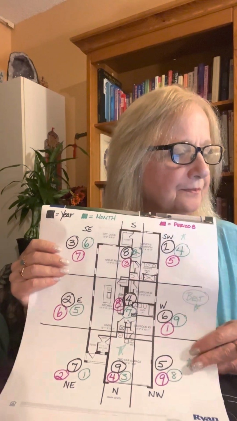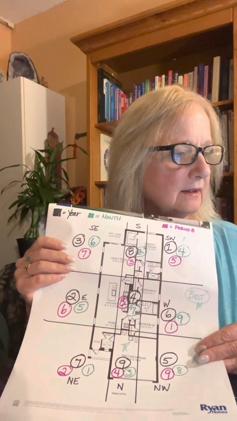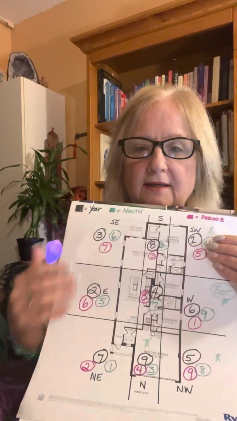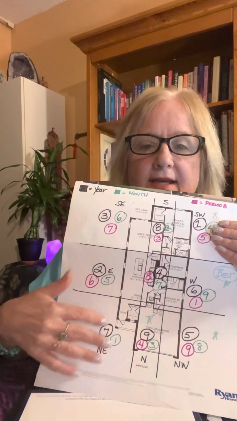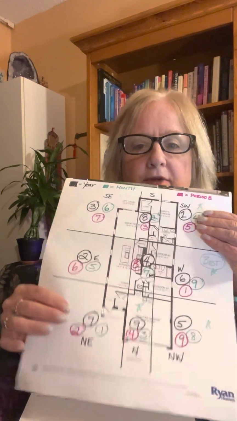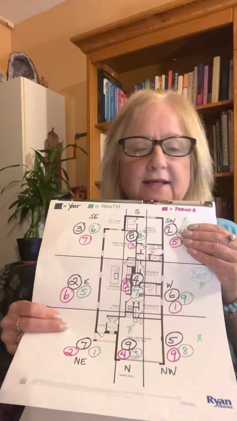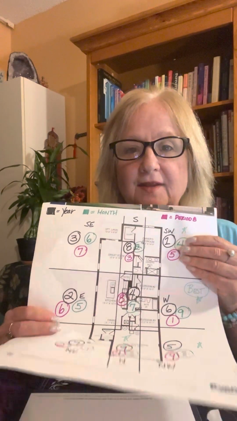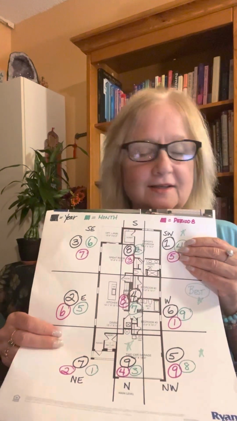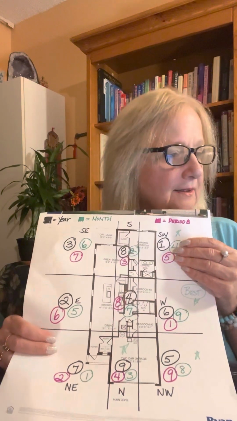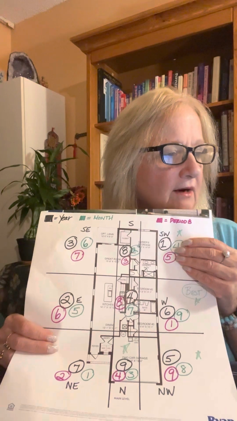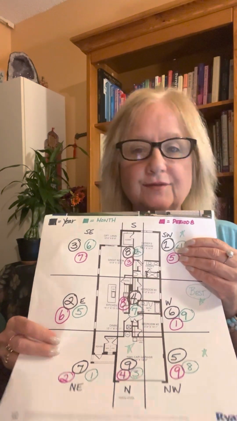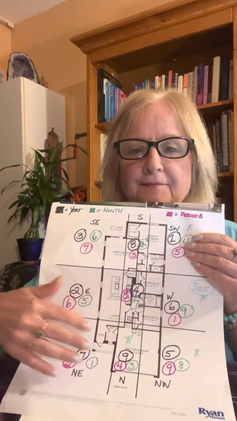Northeast has the 7 star of robbery, and you see it's got a missing area. That's actually good because of the negative influence of the flying stars this year. When we have a missing area like that, it's missing part of the negative energy, which is good. We don't want so much of that. And then we have the 1 star of heavenly blessings, which is a good star, and period 8 is a star of illness, and we're missing that.